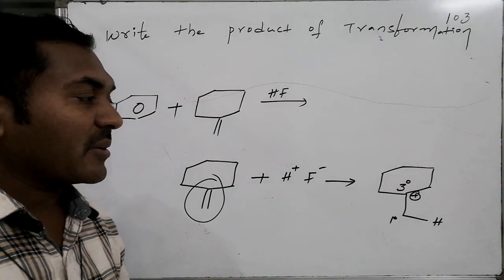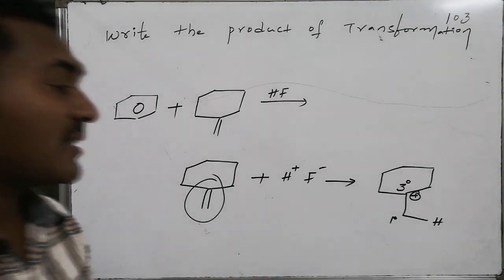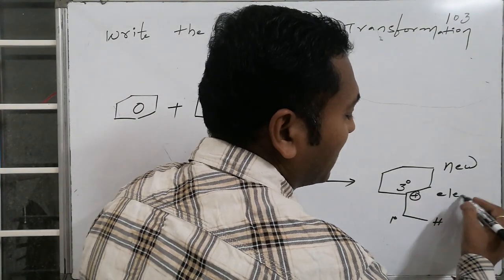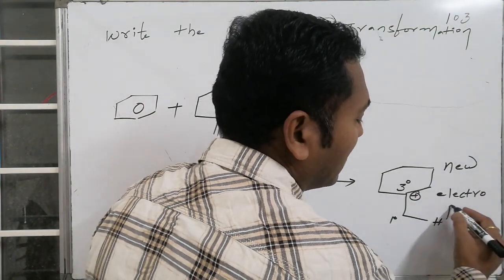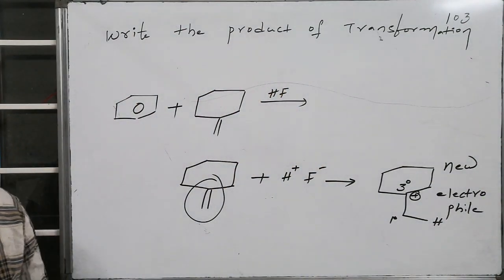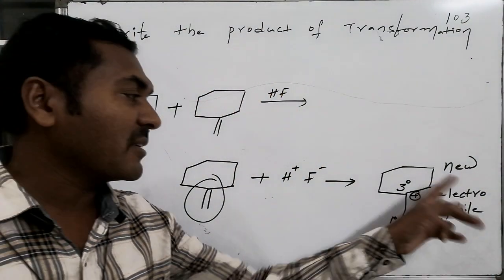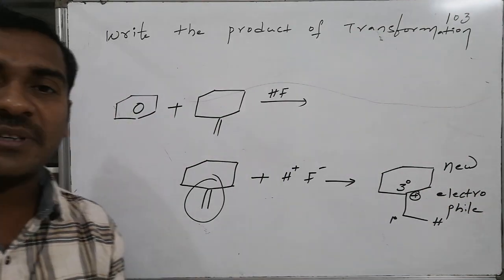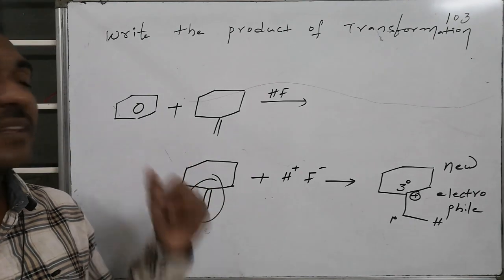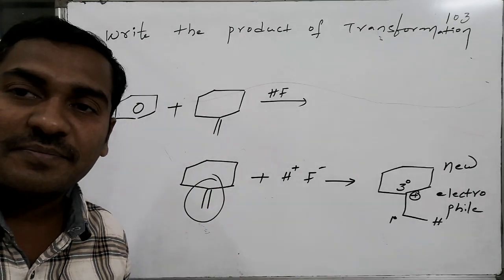After formation of this stabilized carbocation, this behaves as a new electrophile. Till now our H plus was the electrophile. Now this H plus is replaced by the new electrophile, that is this particular methyl substituted cyclohexene, which is the electrophile. Now it makes an attack over the benzene system.